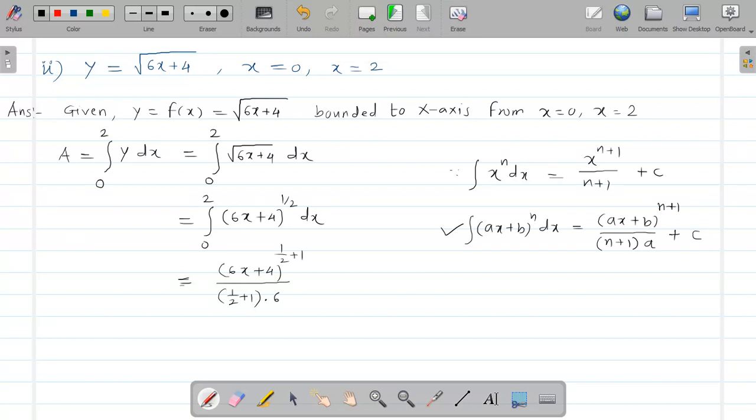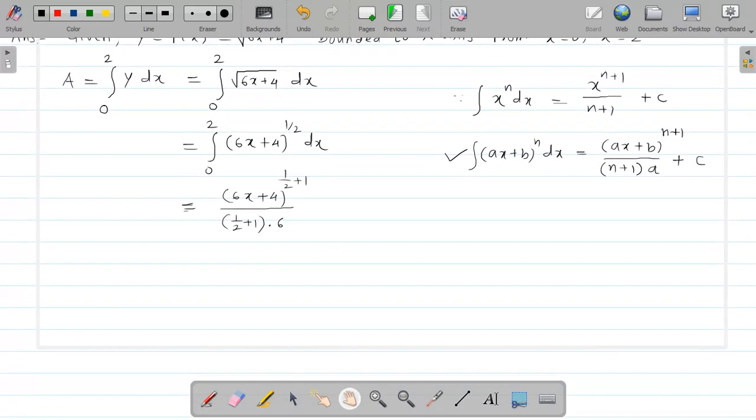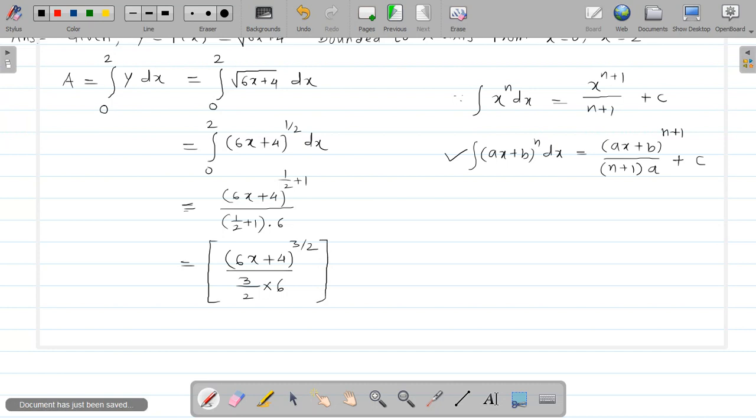I have written here in detail. So next step, it is 6x plus 4 raised to 3 by 2 upon 3 by 2 into 6, and it is from 0 to 2.